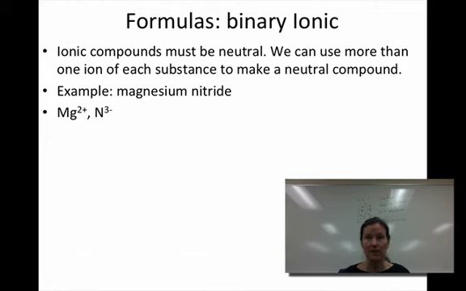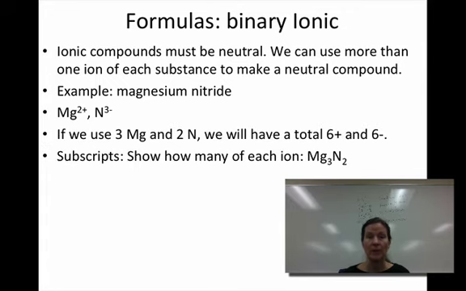It's what's called the least common multiple, if you know anything about math. The least common multiple between 2 and 3 would be 6. So you'd need 3 2s and 2 3s to get to 6. And the way we show that is as subscripts. I needed 3 Mgs and 2 nitrogens to make each one up to a 6.